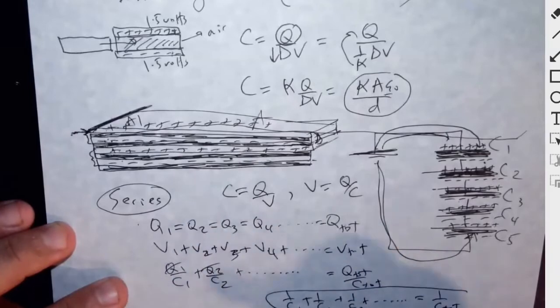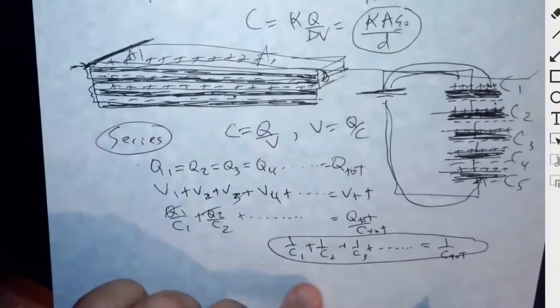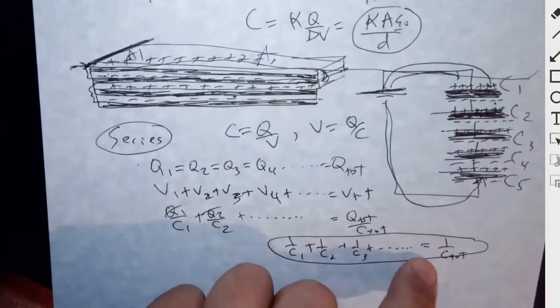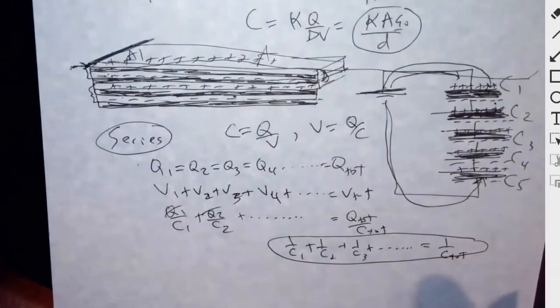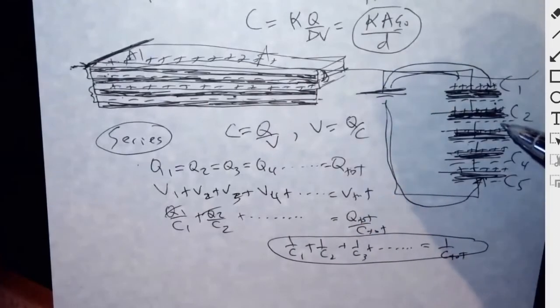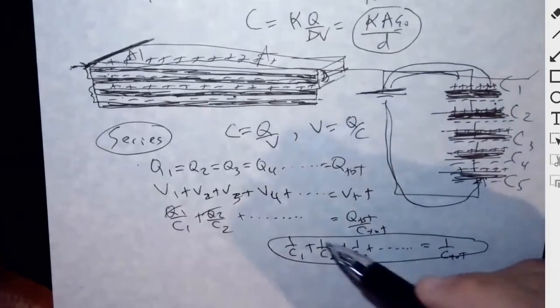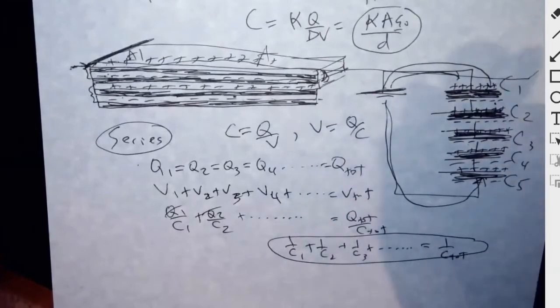So capacitors in series add up such that their inverses add up to give you the inverse of the total capacitance. So it ends up that the net capacitance of a bunch of capacitors in series is less than each one by themselves, right?